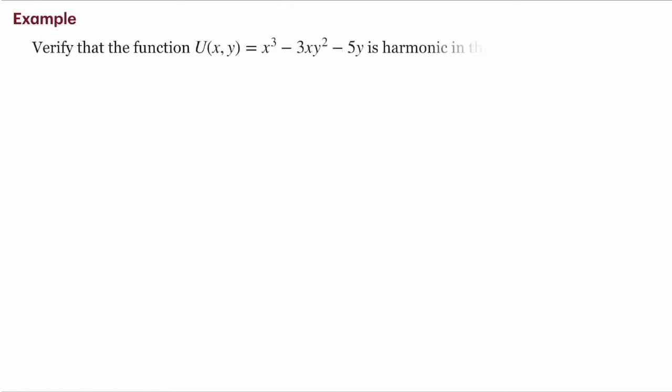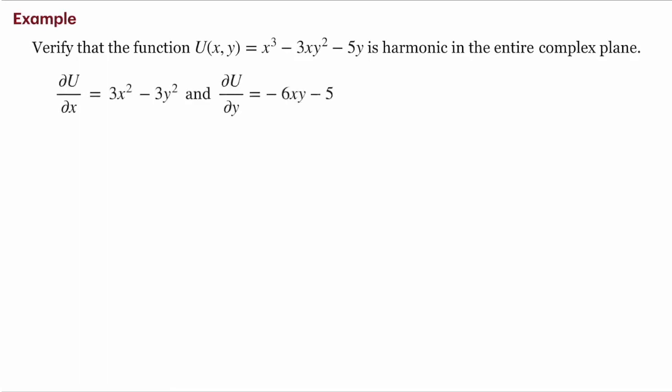Let's look at some examples. The first is to verify that the function u of xy is equal to x cube minus 3xy square minus 5y is harmonic in the entire complex plane. So we have to show that it satisfies the Laplace equation in 2 dimensions. We take del u by del x, that is 3x square minus 3y square, and del u by del y is equal to minus 6xy minus 5.